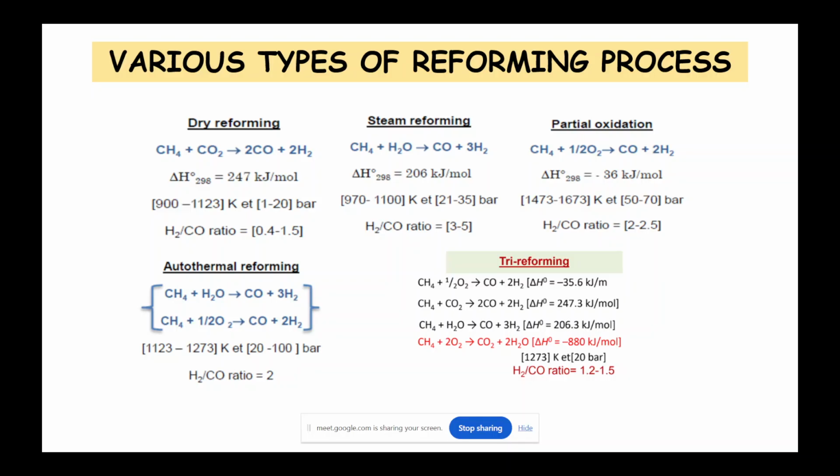So it's only the process that is actually going to be different, but the product stream is going to be composed of only two types of gases. One is CO and another one is H2, hydrogen gas.